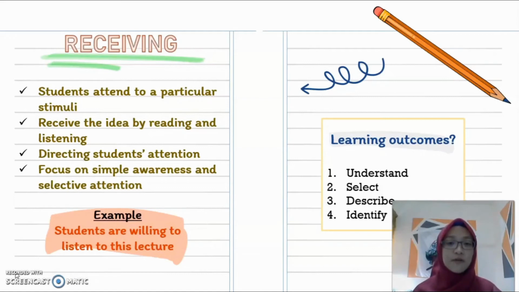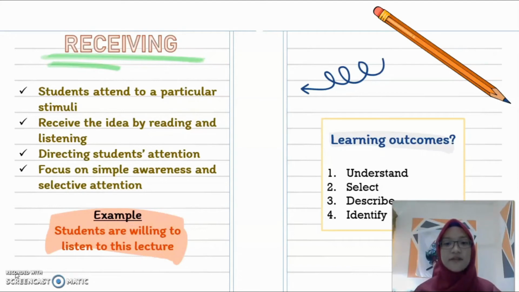From the instructors' point of view, teachers are getting or directing students' attention. As an example, at this time, most of the students are willing to focus or listen carefully to this video to gain new ideas and knowledge about this topic. Thus, the receiving level is focusing on simple awareness and selective attention.